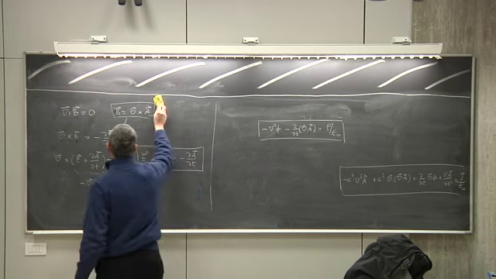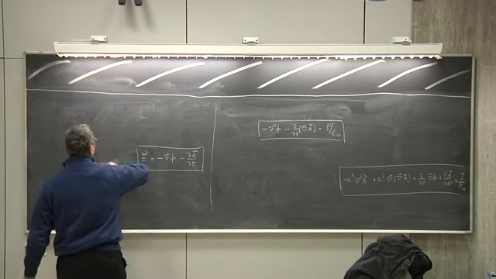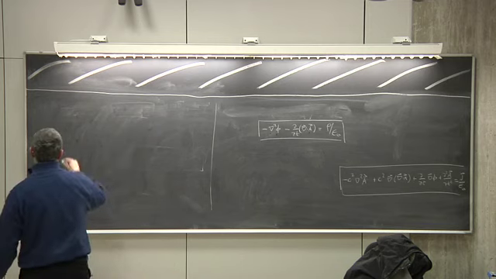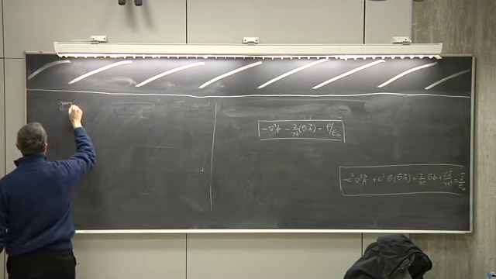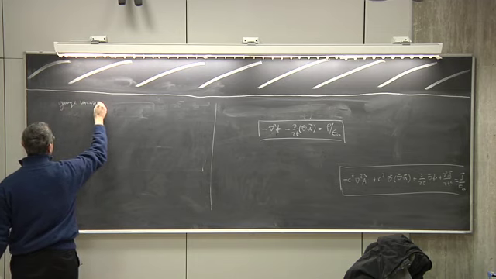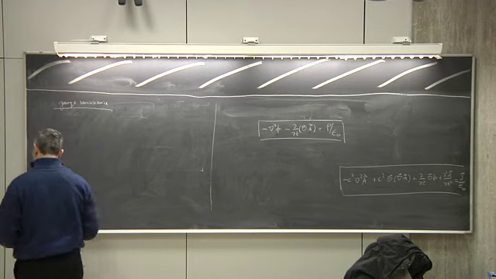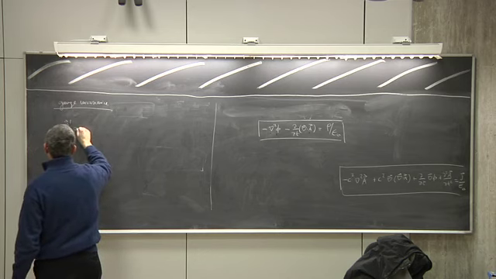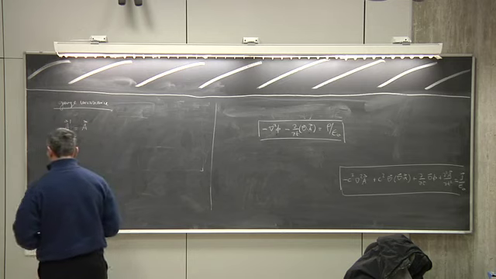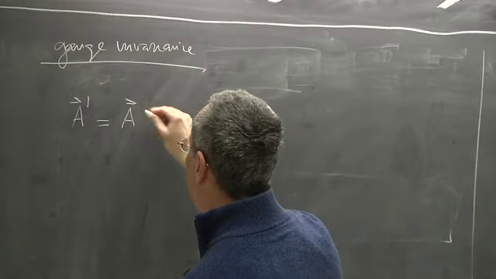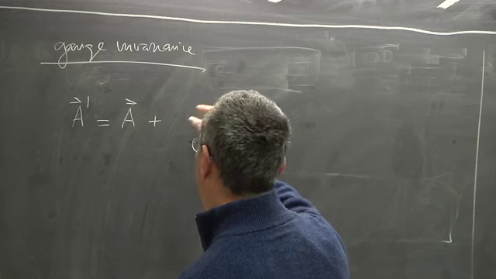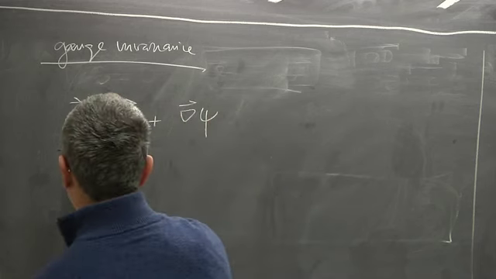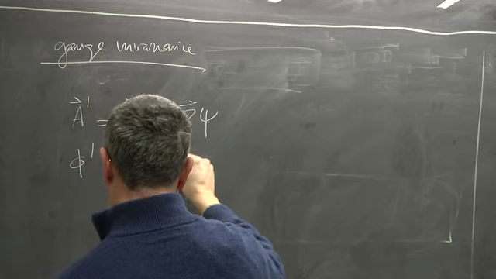So let's see what we can do. Now we go back to an idea that I introduced earlier, this thing with the gauge invariance. That tells you that if you change your vector potential from A to A prime, defined by this, you introduce a scalar function, I call it psi, by this shift.